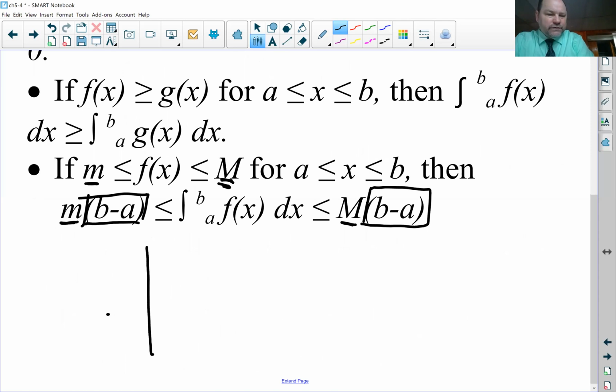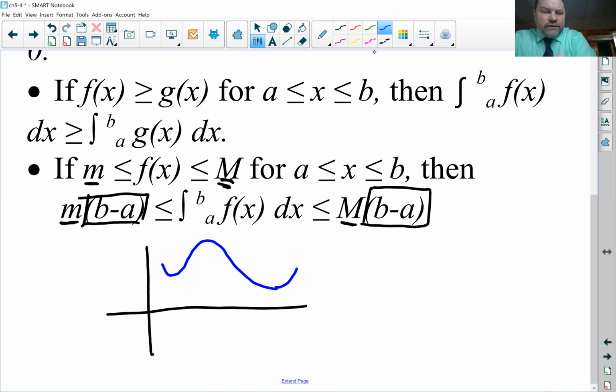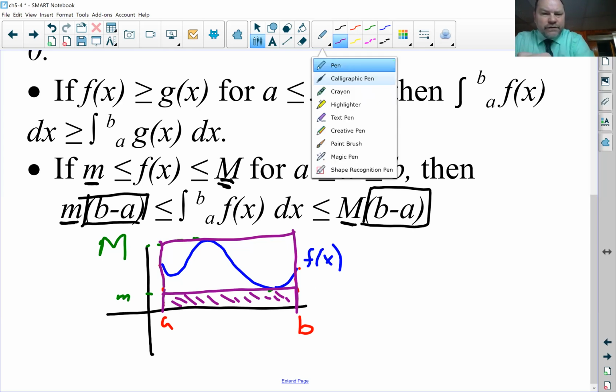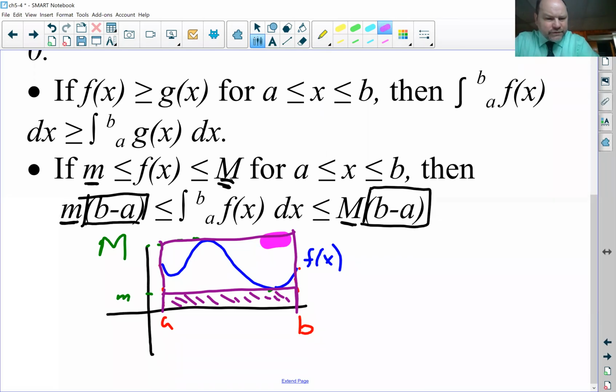We've got this is little m, this is big M, so your area under F has to be between this lower area and this upper area.